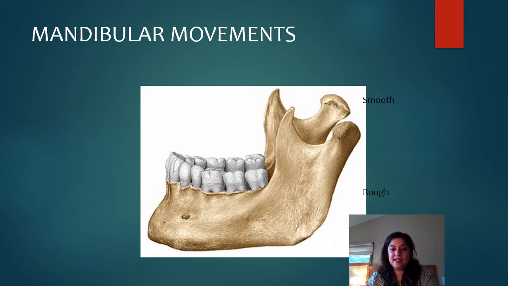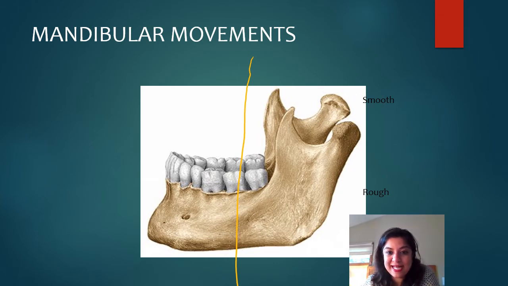If you draw a midline right here, the mandible can move around its axis. It can move towards the midline, with this being the center of the body, and it can move away. So this side movement, that side movement, and forward. These are the different movements the mandible can do.